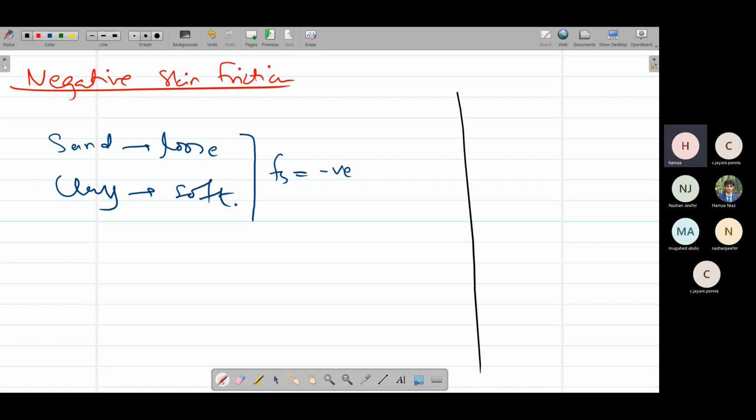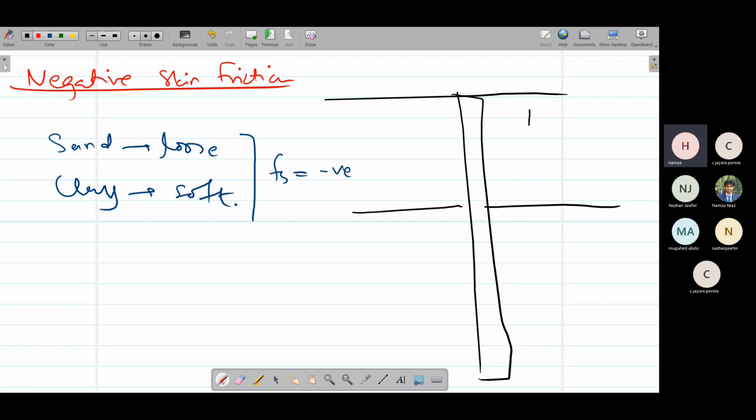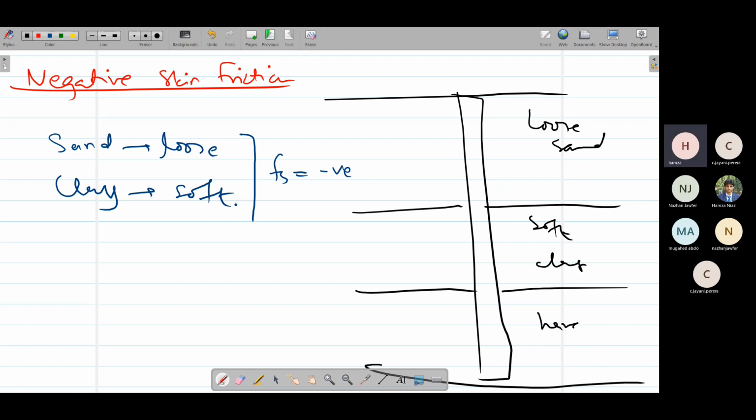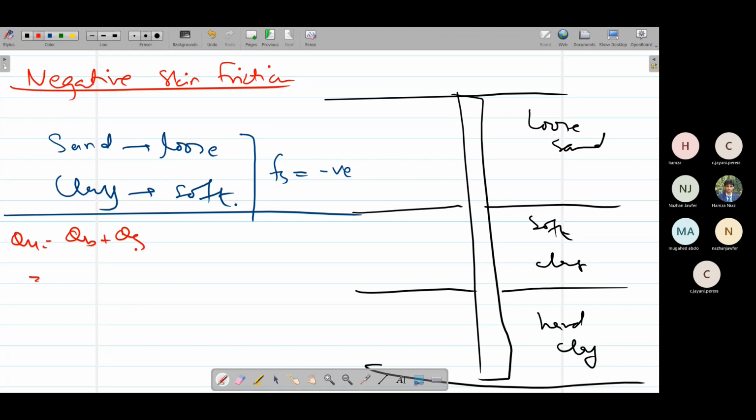For example, this is a pile. At the top, they are saying that there is loose sand. The second layer is soft clay, and the third layer is hard clay. So we'll find its pile capacity, Qu is equal to Qb plus Qs, and Qb is simply the base resistance, Qb times Ab.